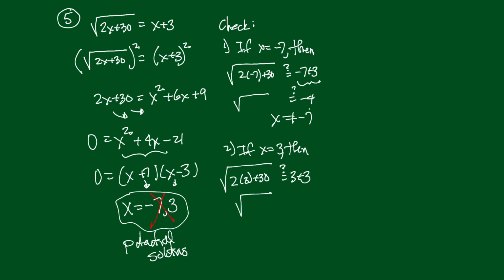Well, on the left, what do we get? 2 times 3 is 6. 6 and 30 is 36. Is that equal to 6? And sure enough, square root of 36 is 6 equals 6. That one checks. All right, so 3 is okay. We'll conclude that x is 3, but negative 7 doesn't work. So we thought there might be 2 solutions, but in fact, there's only one.